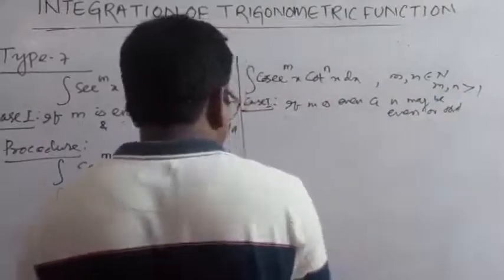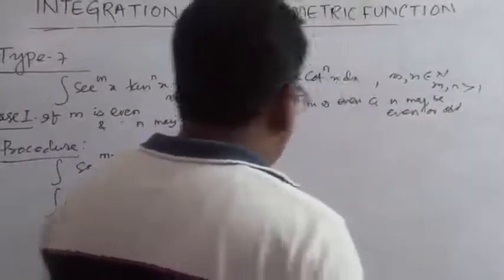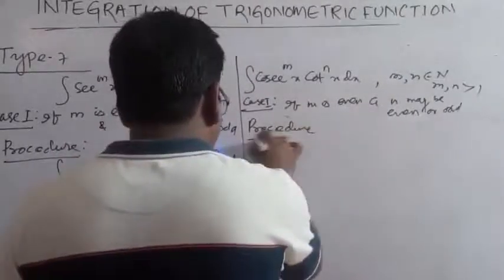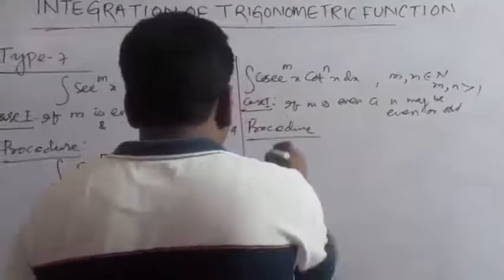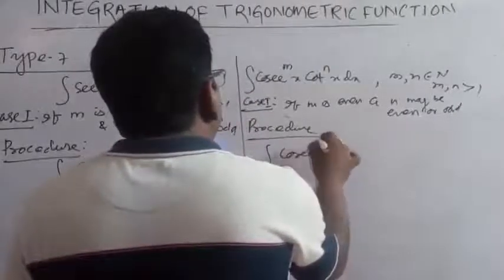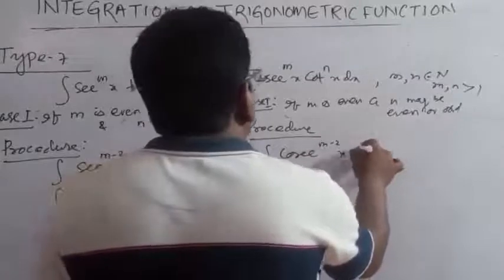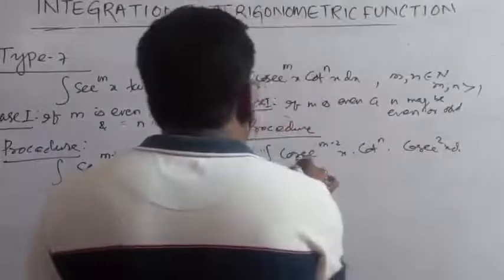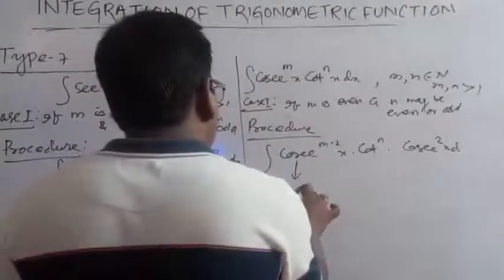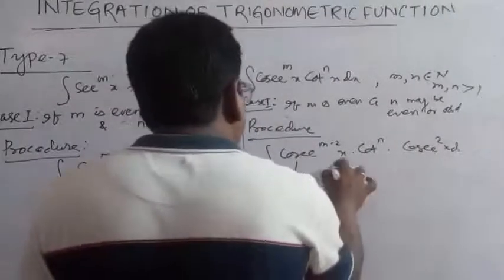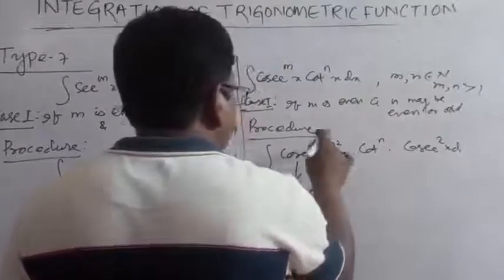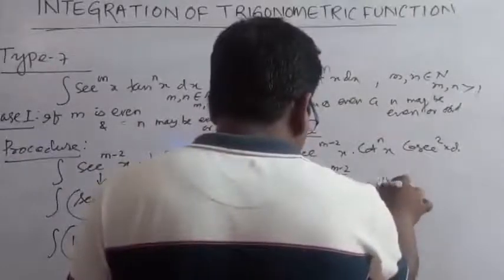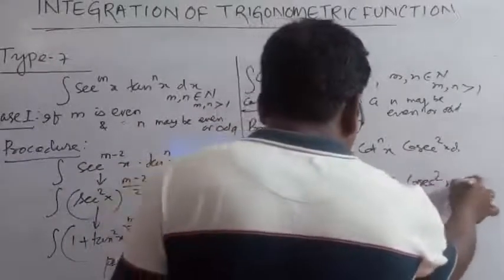Same procedure: cosec m minus 2 x cot nx into cosec square x dx, and this term is also written as cosec square x whole to the power m minus 2 by 2, so balancing here, cot nx into cosec square x dx.